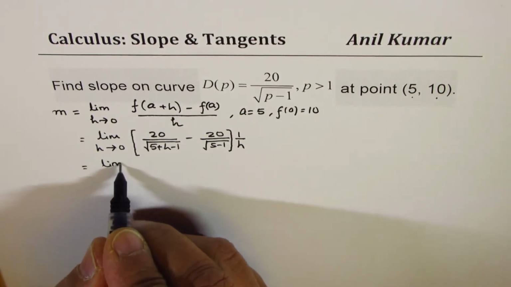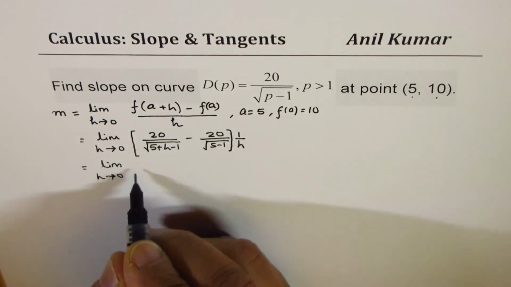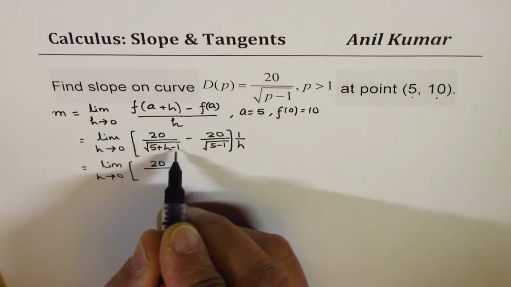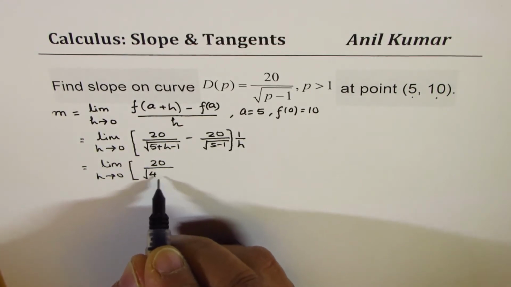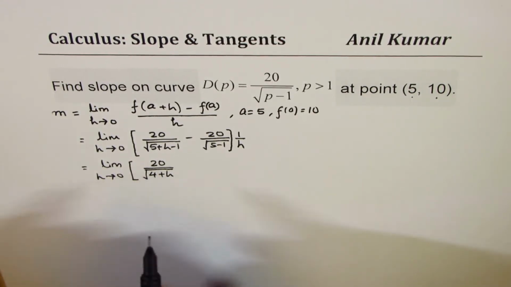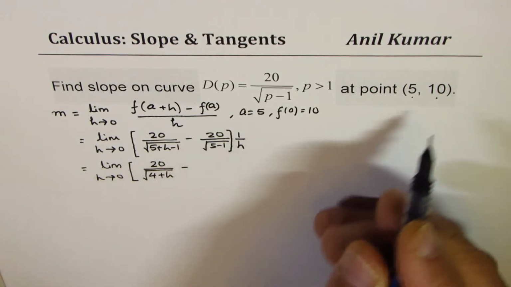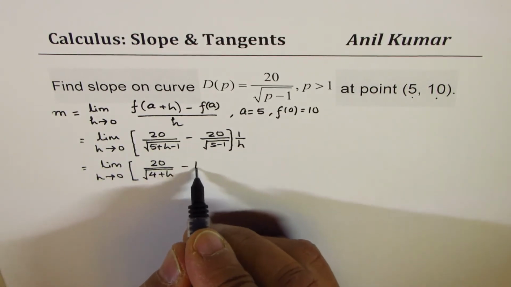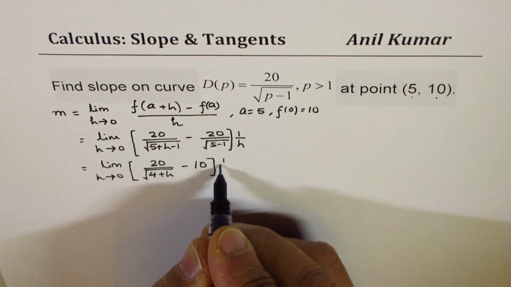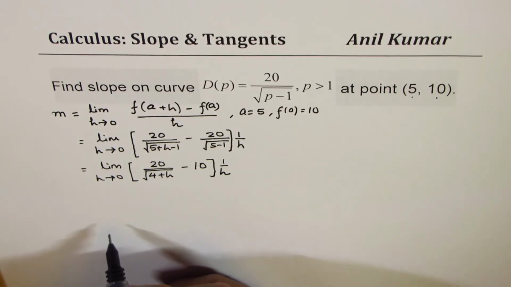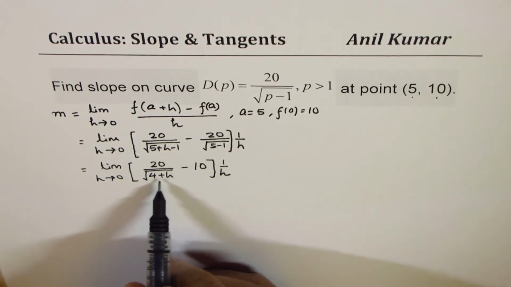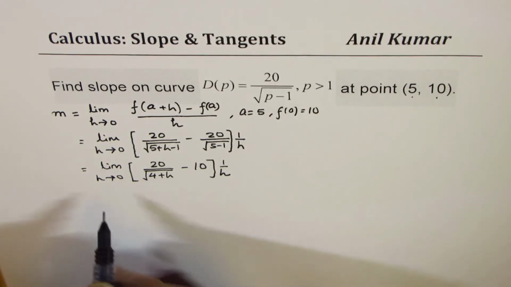So what we get here is the limit as h approaches 0. Here we get 20 over 5 minus 1, which is 4, so we get the square root of 4 plus h, minus, of course this is 10, the square root of 4 divided by this. Times 1 over h. Now we can take a common denominator, which is the square root of 4 plus h.